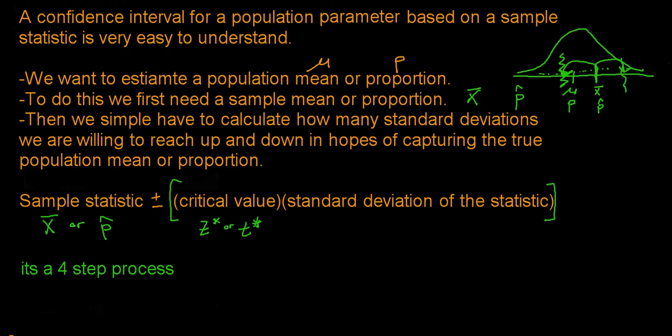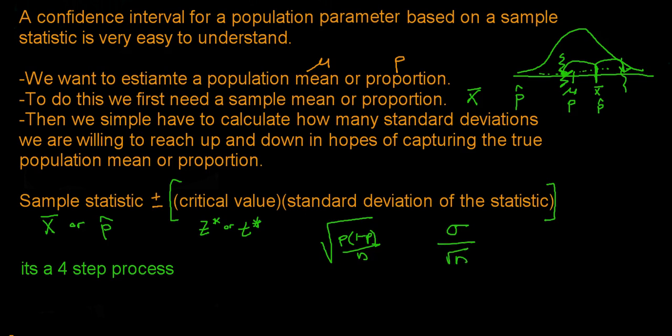The standard deviation of the statistic is what we learned back with sampling distributions. If you're working with proportions, the standard deviation of the statistic is the square root of p times 1 minus p divided by n. If you're working with means, it is the standard deviation of the population divided by the square root of your sample size n.